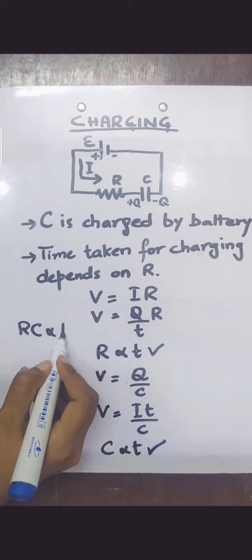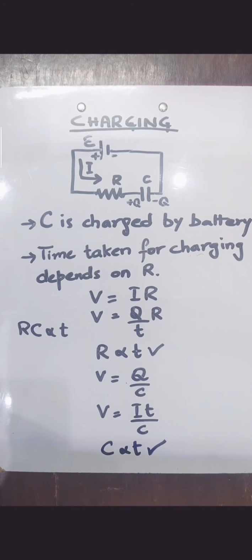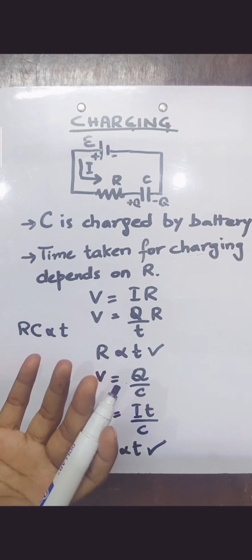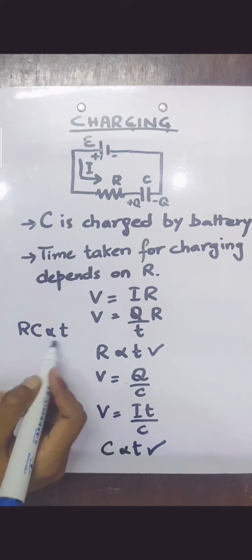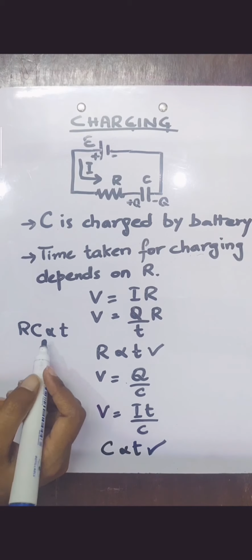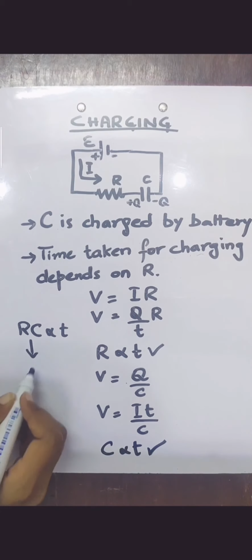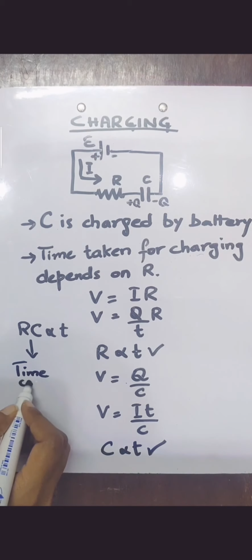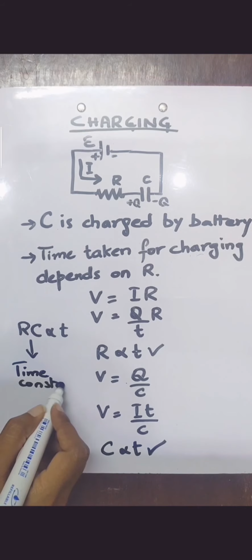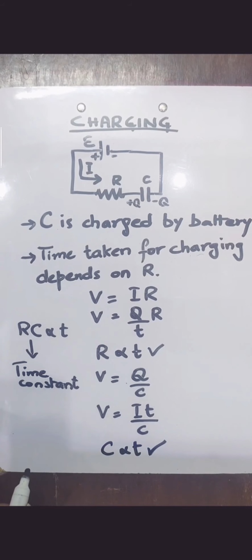Now the question that arises is, what does this T, or this product of R and C, basically represent? The product RC is known as the time constant, right? And this time constant has another name, the unit time.